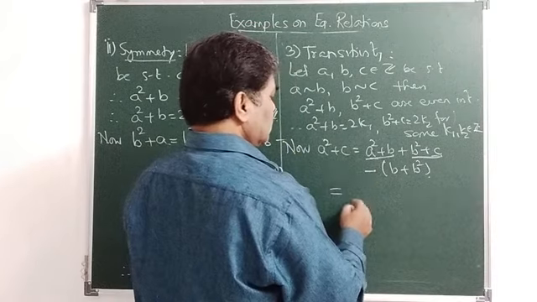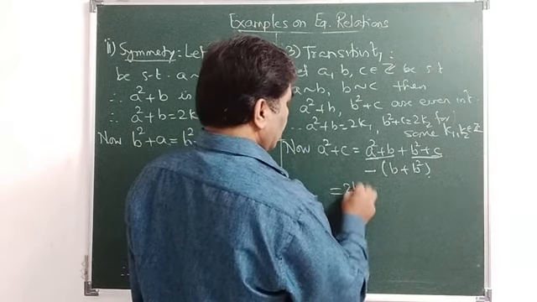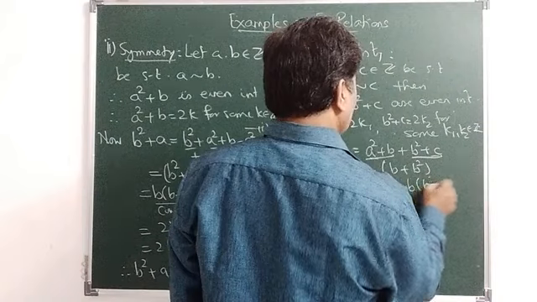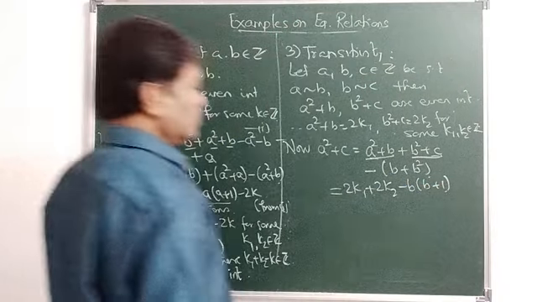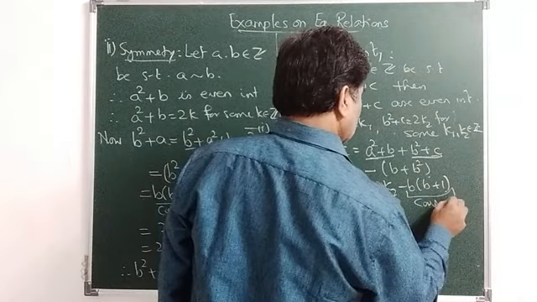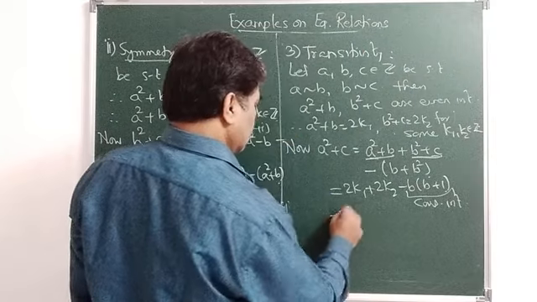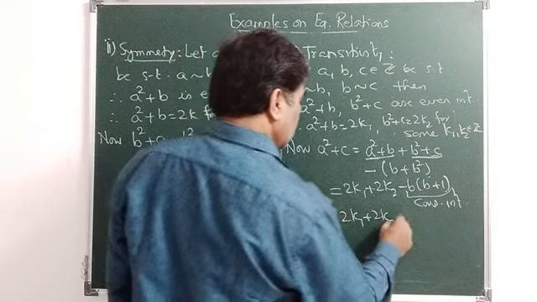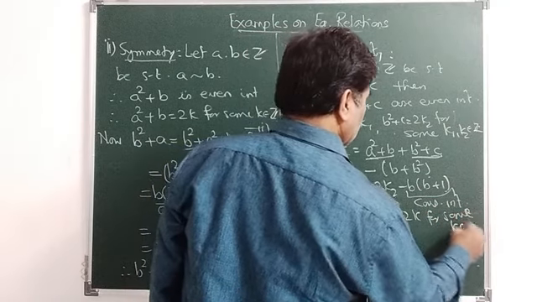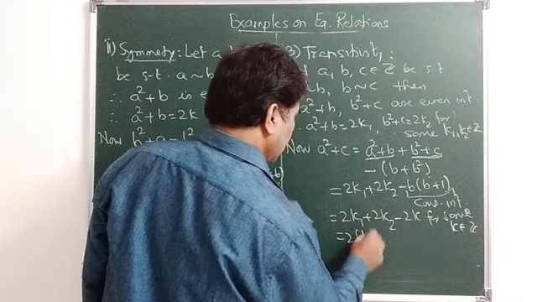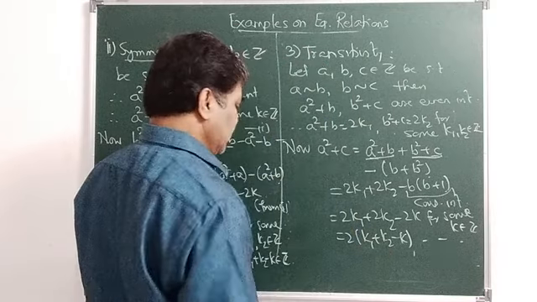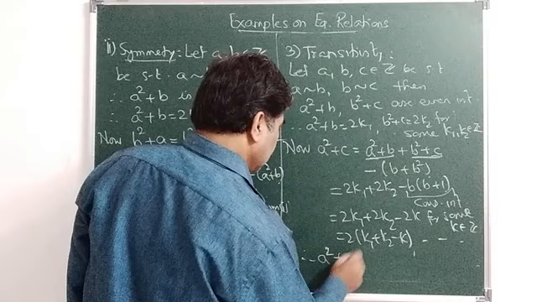So this is equal to 2k1 plus 2k2 minus b into b plus 1 again, b into b plus 1 being consecutive integers. So one of them must be even. So this is 2k1 plus 2k2 minus 2k for some k belongs to Z, which is 2 times k1 plus k2 minus k, and k1 plus k2 minus k belongs to Z. Therefore a square plus c is even.